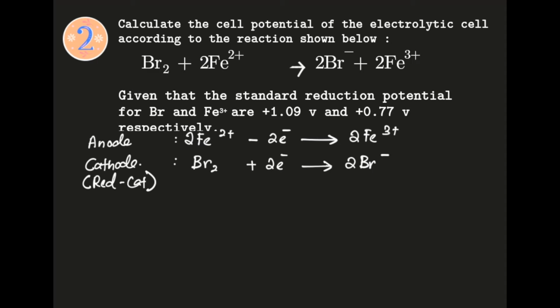So what else you need to do is add the E naught, the value of E naught. Given to you, the standard reduction potential for bromine is equivalent to +1.09, but this is standard reduction potential.